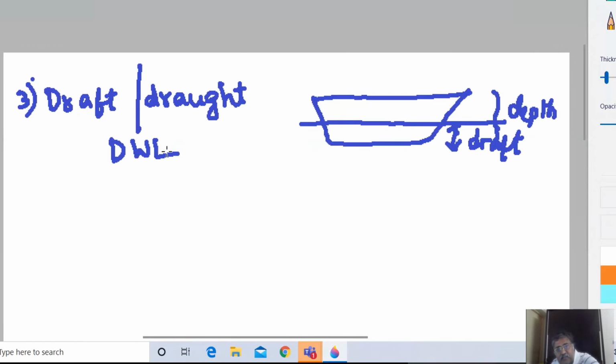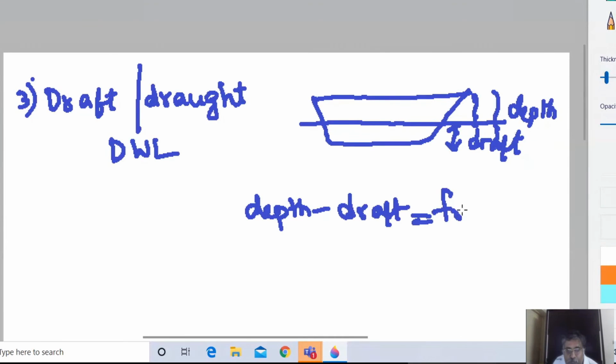So as you can see, the draft will keep on increasing, and the depth will remain the same. There is one more term here, that is the depth minus draft. This is usually known as a freeboard. This distance is known as a freeboard.